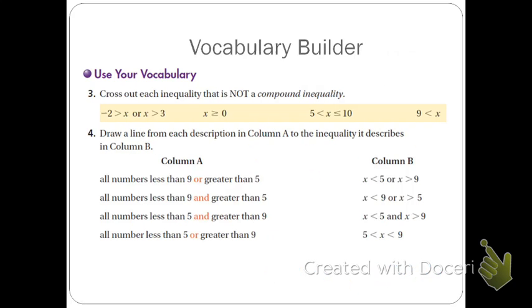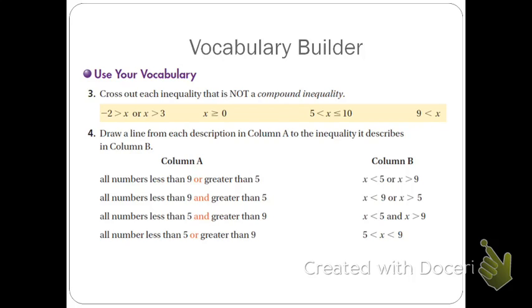Let's make sure that you clearly understand what a compound inequality is then. Look at each one and let's cross off the ones that are not compound inequalities. Here we have negative 2 is greater than x, or x is greater than 3. So we have two inequalities joined with the or statement, so that is a compound inequality. And the next example, x is greater than or equal to 0.